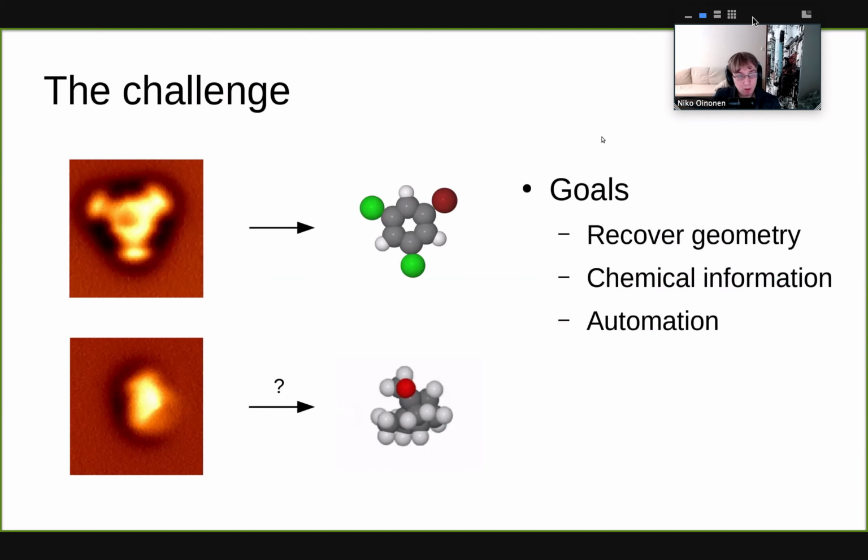What we're trying to do with machine learning is hopefully recover the geometry of the sample from the images, even in these more complicated examples, and other information that we want to retrieve is chemical information, like the electrostatics or the elements of the atoms. So for example, even in this case, even though the geometry is kind of easy to read, it's not so easy to know which one here is bromine, which one is chlorine. And of course, if you can automate the process, make it faster, easier, then that's good.